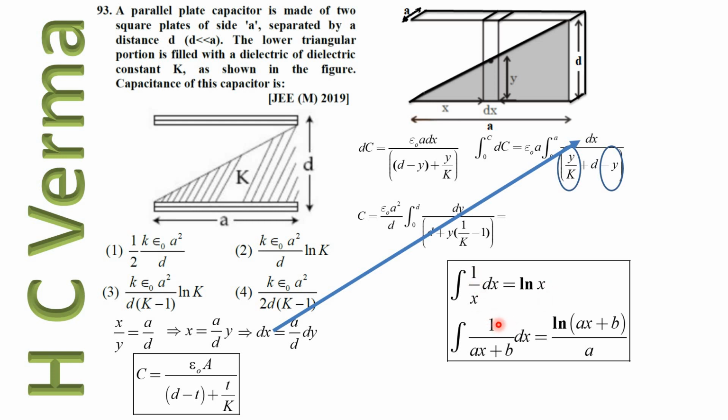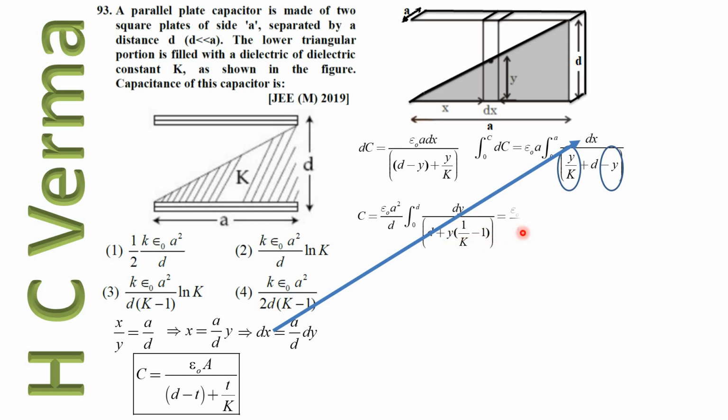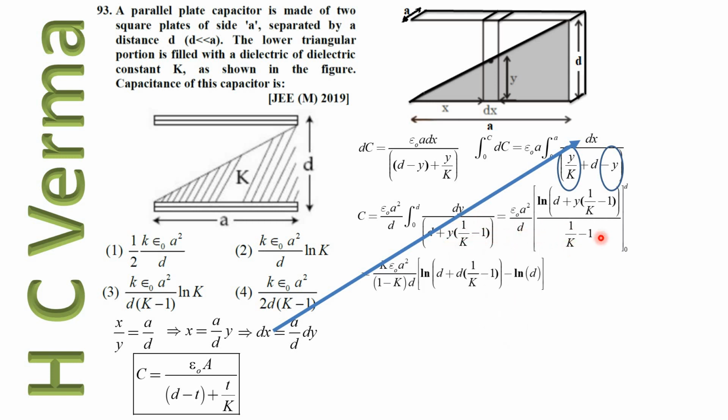But integral of 1 upon ax plus b, where b is a constant, into x equals natural log of ax plus b upon a. So in place of small a, divide by 1 by k minus 1.